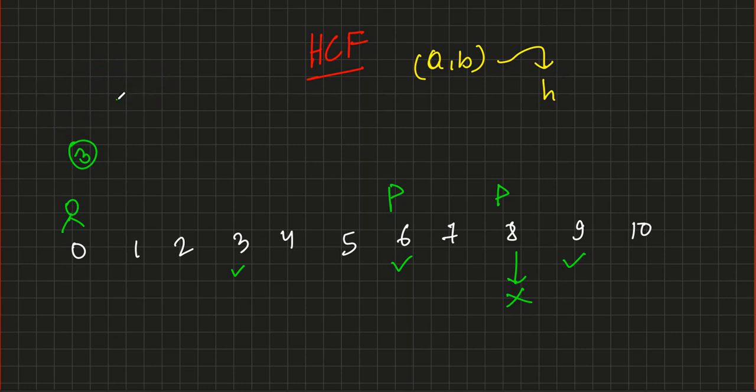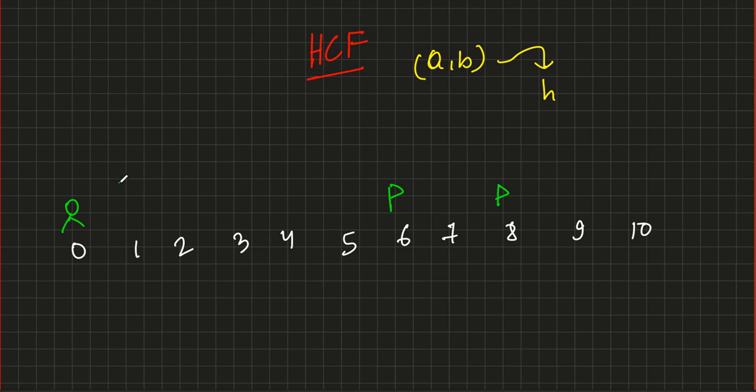So I am asking what is the highest value of this x so that you can reach both A and B. And here in this example, A is 6 and B is 8. So I am asking you, what is the highest jumping capability with which you can reach both 6 and 8?